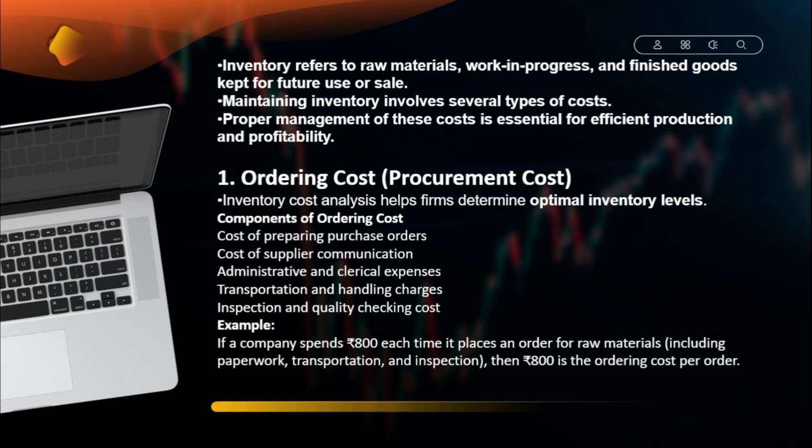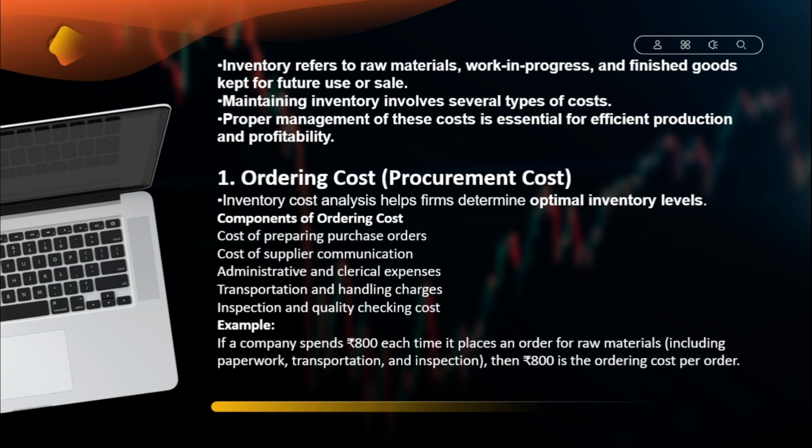Take an example: if a company spends 800 rupees each time it places an order for raw materials, including paperwork, transportation, and inspections, then that 800 rupees we can consider as the ordering cost.